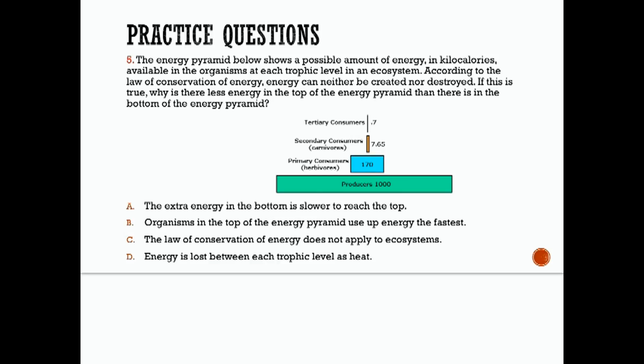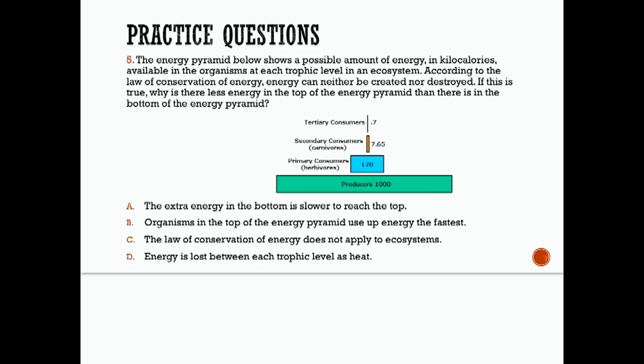When we talked about these energy pyramids, we put an easy number on it where we just move the decimal over 1. But as long as the amount of energy decreases as you go up, you are fine. So pause this and look at your answer choices and see what you think.